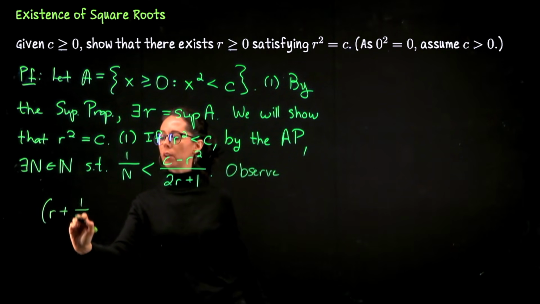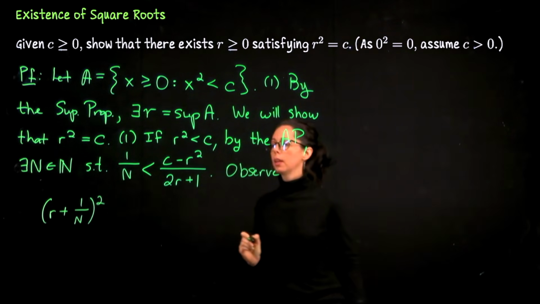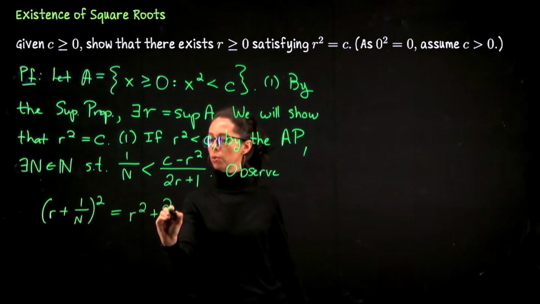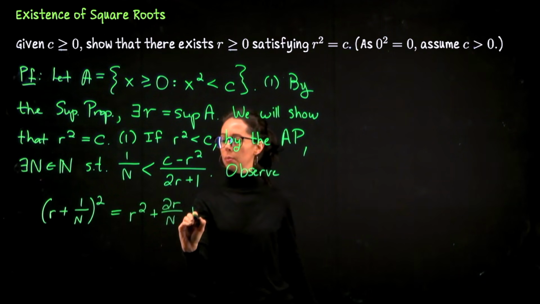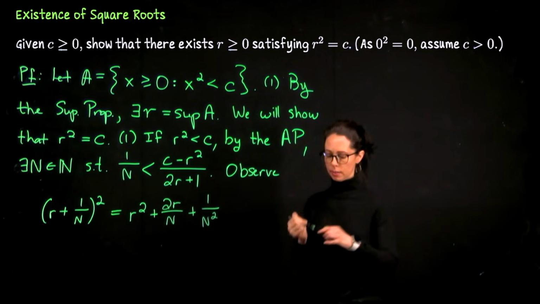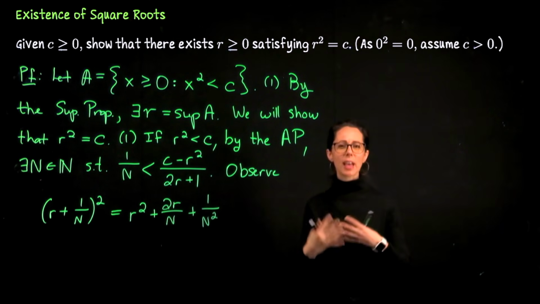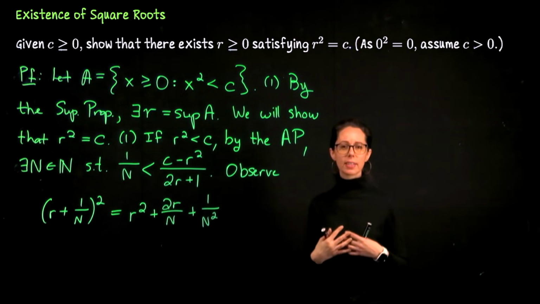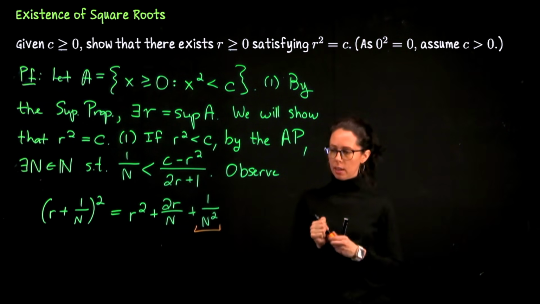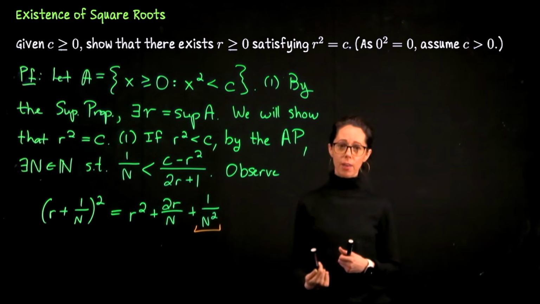(r plus 1 over n) squared. So I'm moving a little bit to the right of the number r. Let's expand this out. r squared plus 2r over n plus 1 over n squared. Often in analysis, you start doing estimates where you go up or down in size. I'm almost always looking to go up in size. So here, my thought process algebraically is if I make the denominator smaller, I make the fraction bigger.